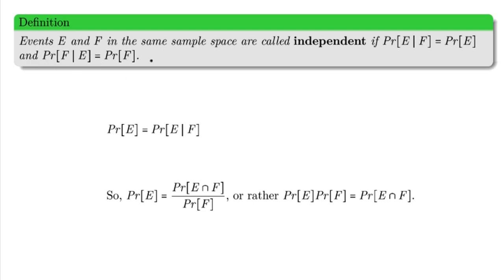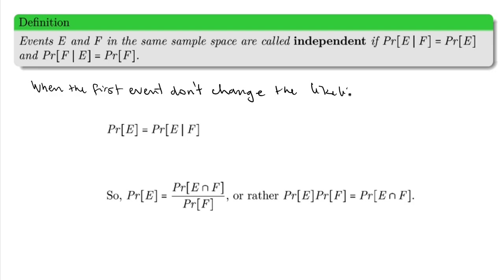The probability of F given E, meaning the probability of event F happening after E has happened, is equal to the original probability of F, meaning that E doesn't affect the probability of F. So when the first event doesn't change the probability or the likelihood of the second event, we are talking about independent events. They are said to be independent events.